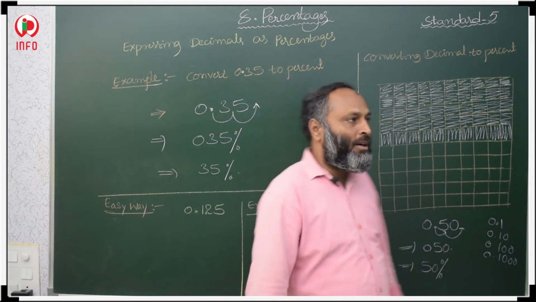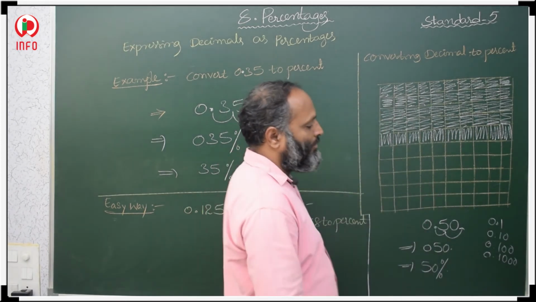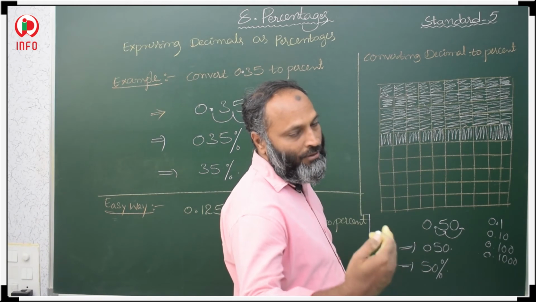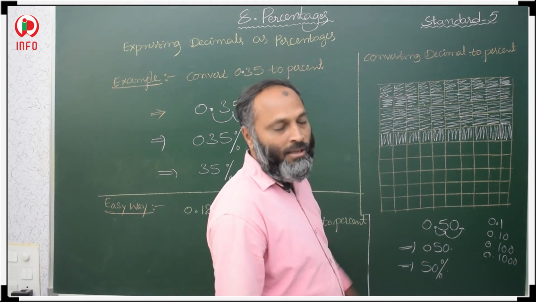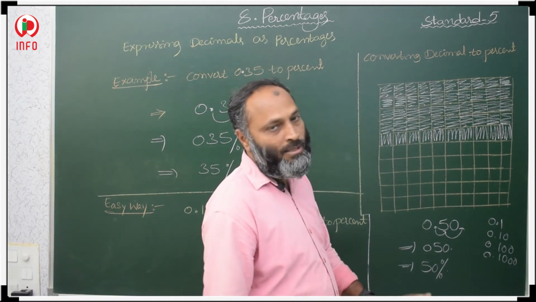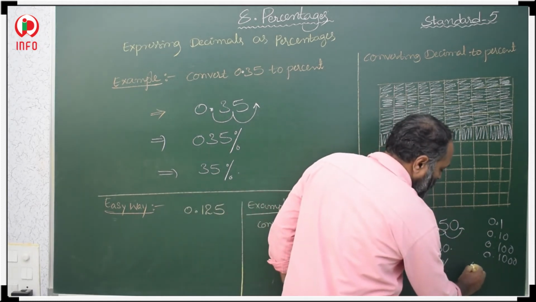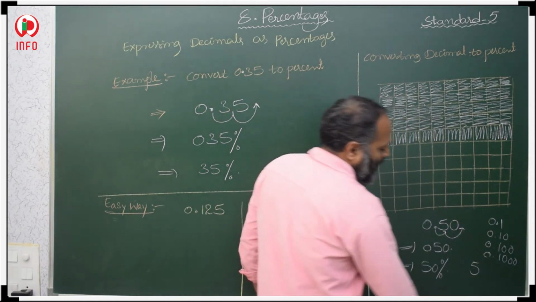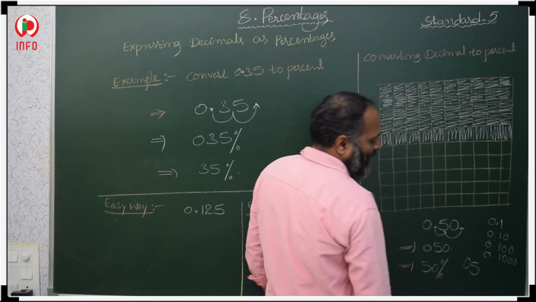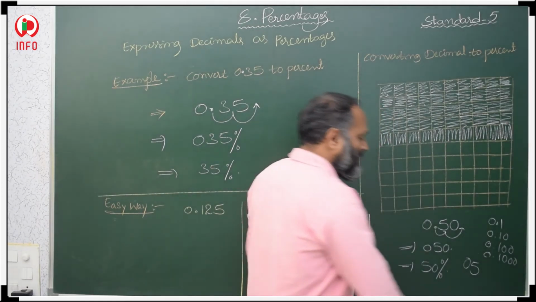But for a number without a decimal, if you keep zeros on the left side, the value is 5 only.